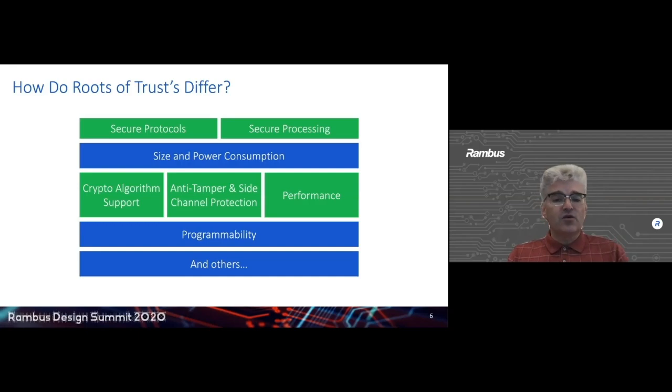And these are well-known techniques that adversaries are capable of using. How much performance do you need? Do you need programmability? And many other questions would need to be answered, and we would be happy to help you answer those and choose the right root of trust.